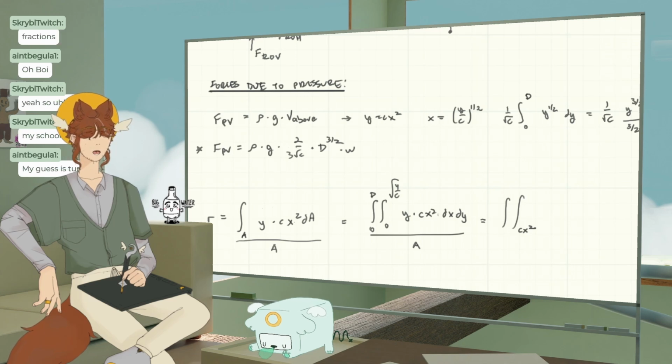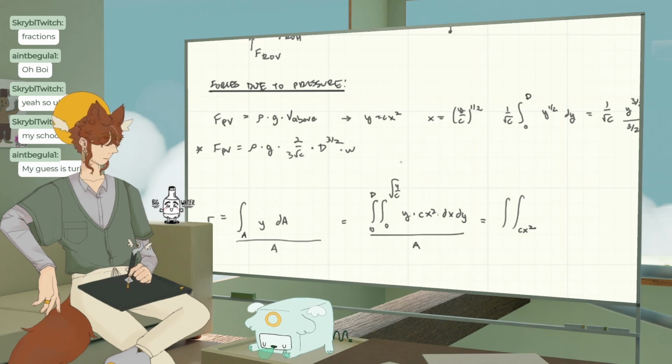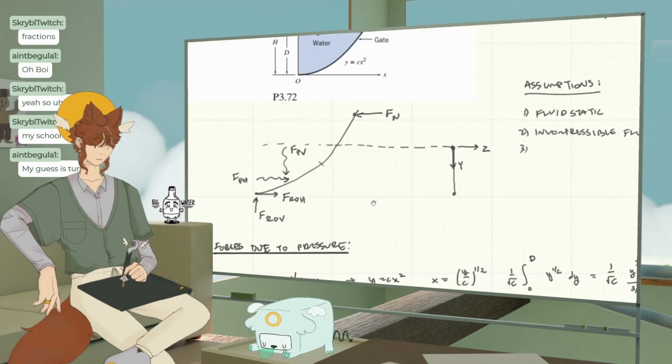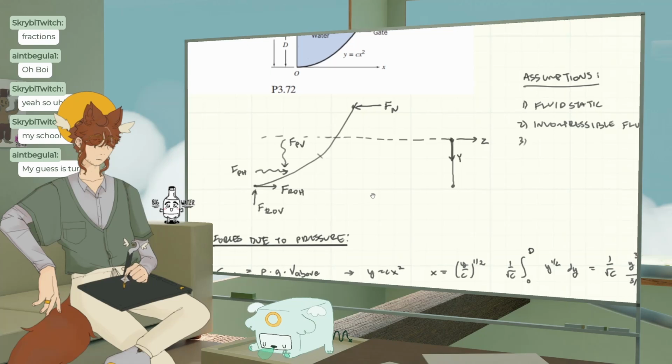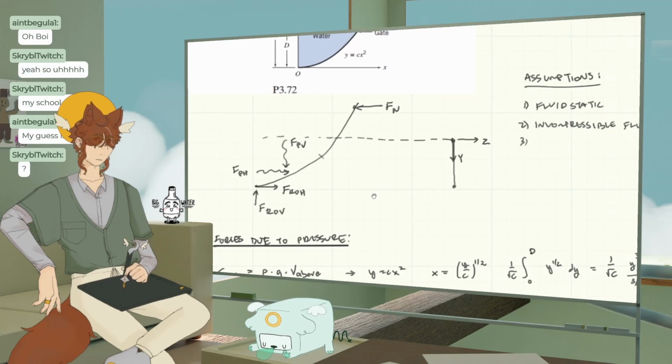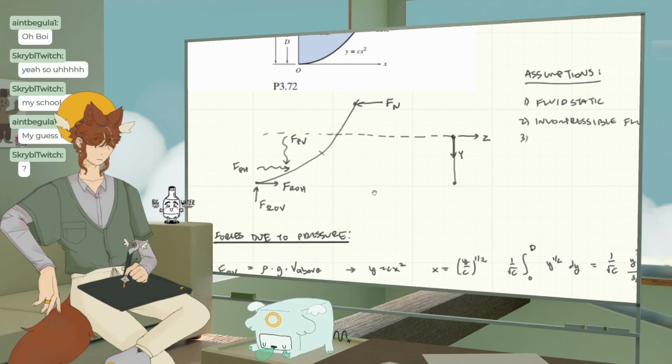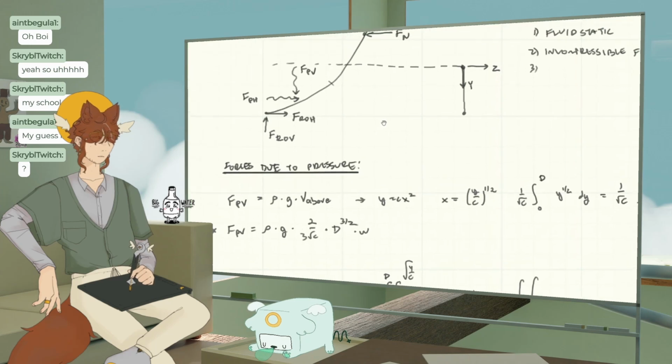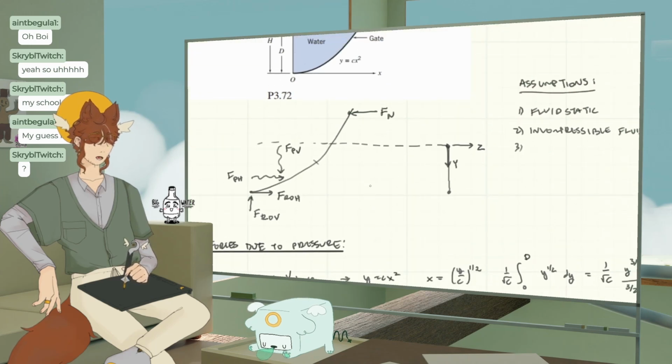I shouldn't have two things in here. I think it's just y. I think it's just y dA. But doesn't that mean I'm just going to find the... But it's x.